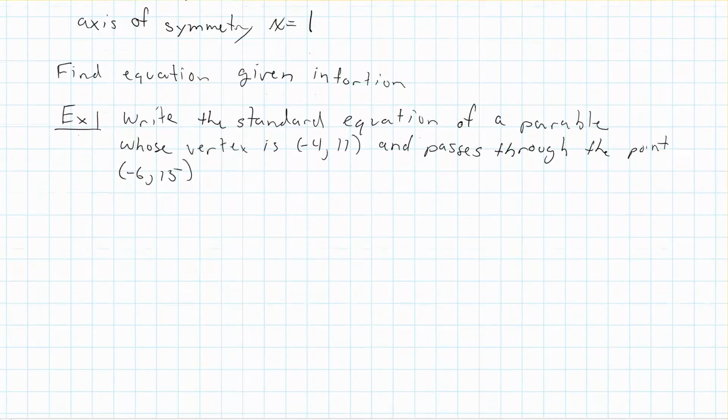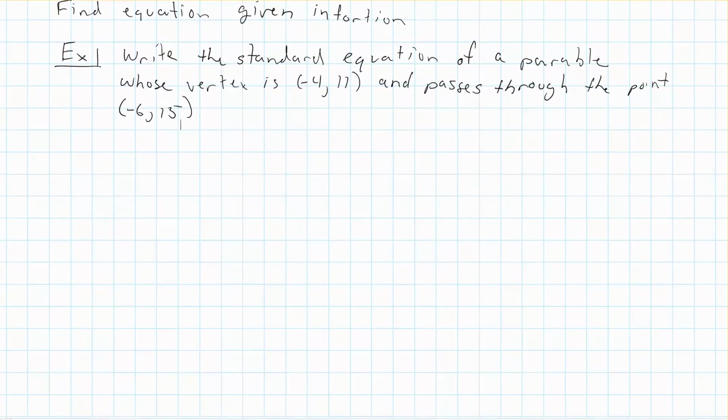Alright. So the standard form, remember, is f of x equals a times x minus h, quantity squared, plus k. Now, the nice thing is that they've given me the vertex, so I know that h and k are negative 4 and 11. So let's go ahead and substitute those in right now.